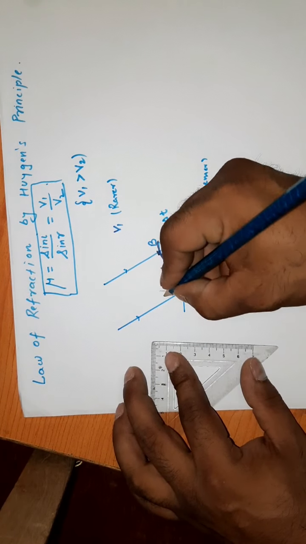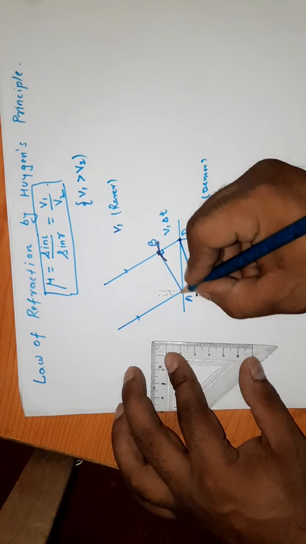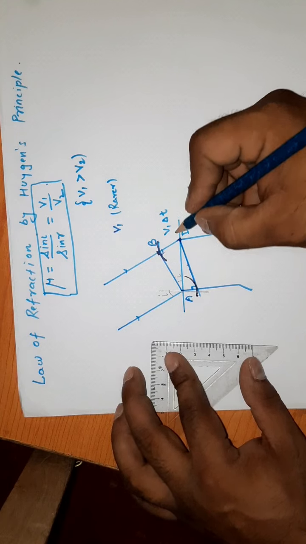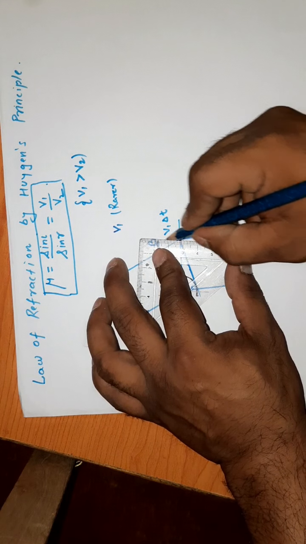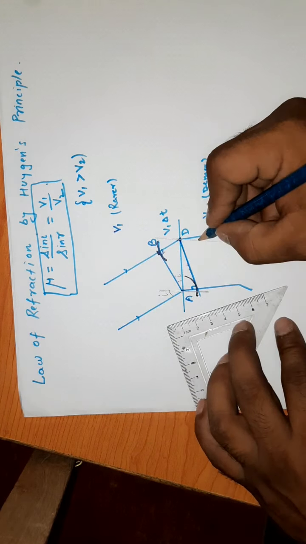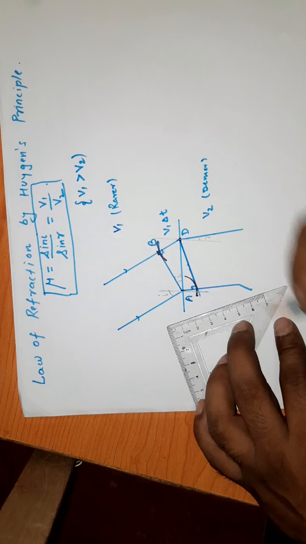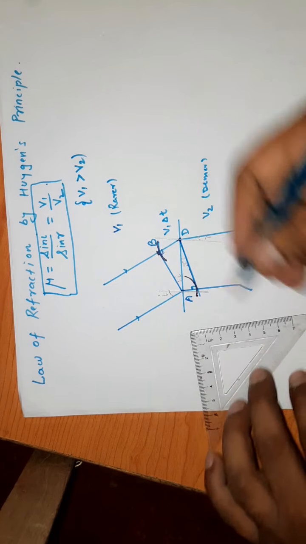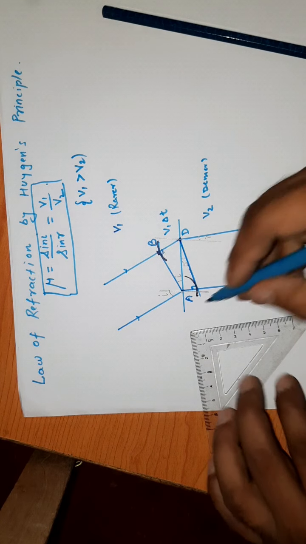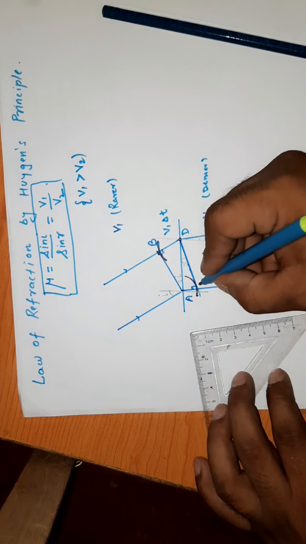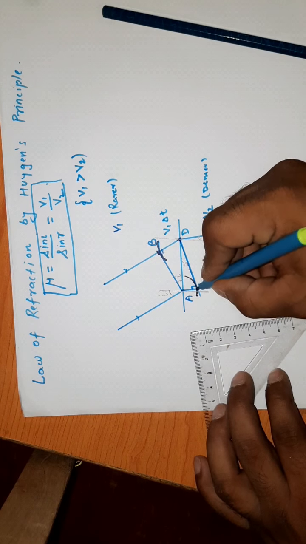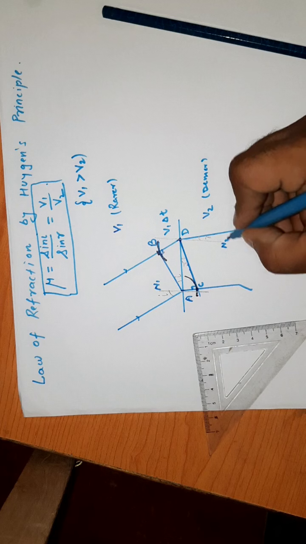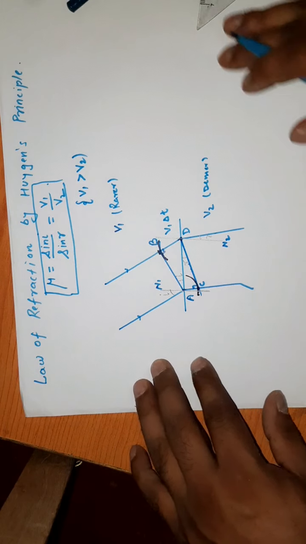So this is the angle of incidence. If this angle is 90 degrees, this is also I. And here we will draw again one normal. This is the angle of refraction R. If this is R and this angle is 90, this is also the angle R. We'll do the naming as A, B, D. This is any point C. This is normal N1 and this is normal N2.